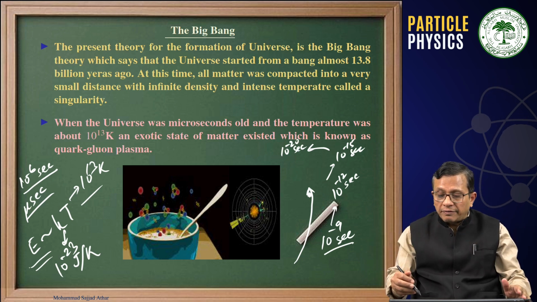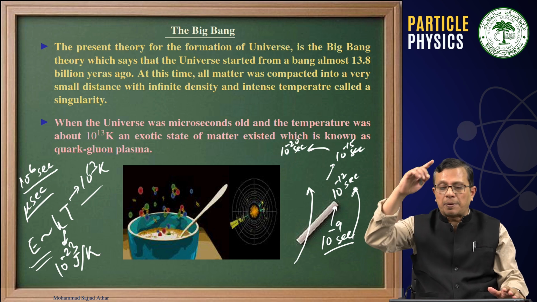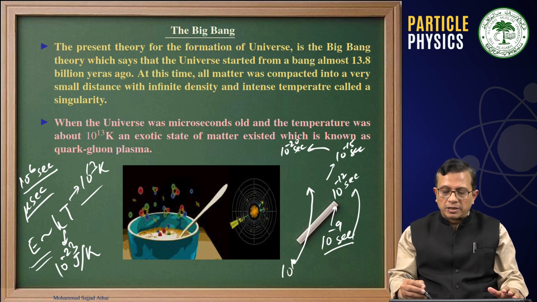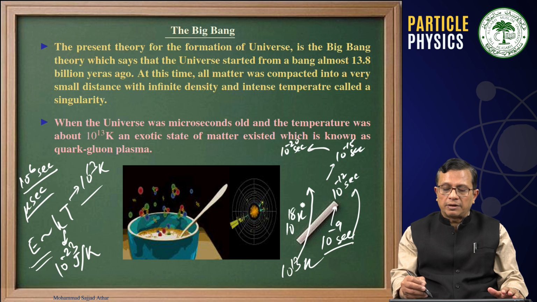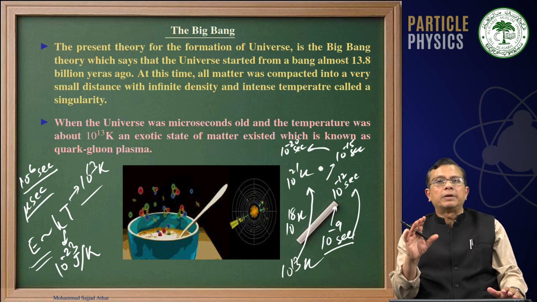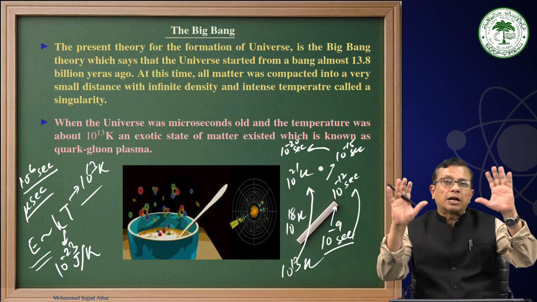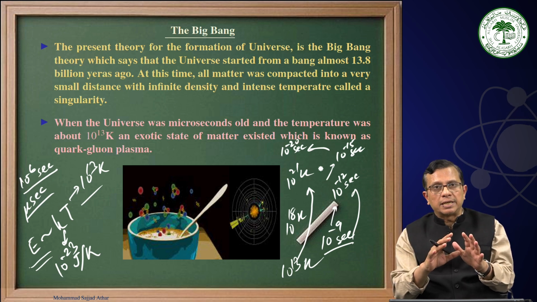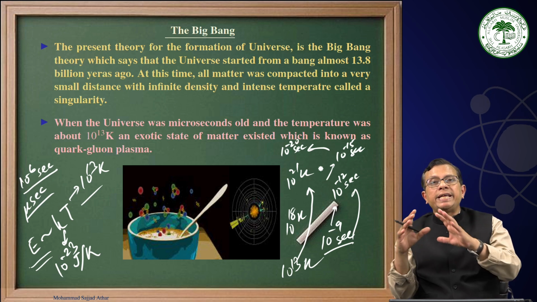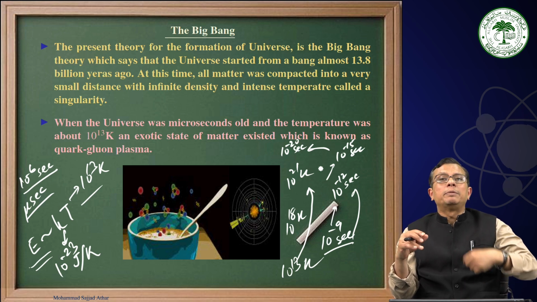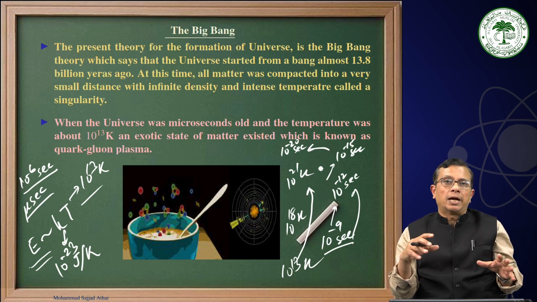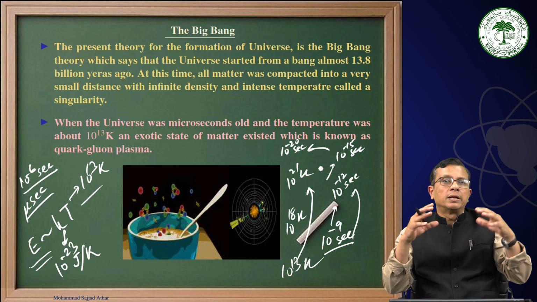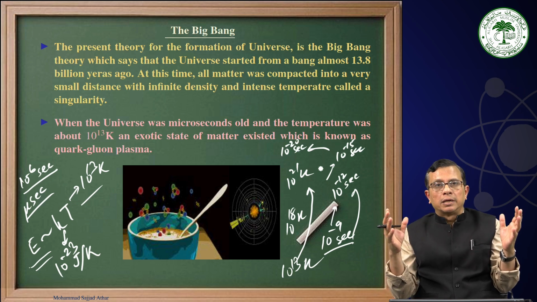But to have this order of increase in temperature from 10 power 13 degree Kelvin to 10 power say 18 degree Kelvin or 10 power 21 degree Kelvin is not a joke, and that would take a lot of time for the scientists to create an environment which will be closer to the point when the Big Bang took place.